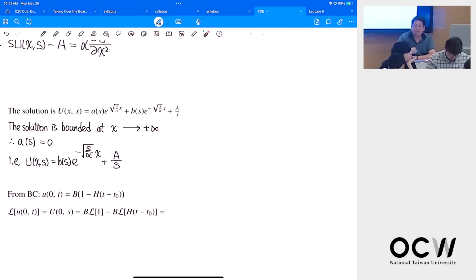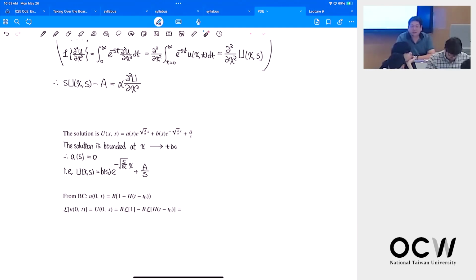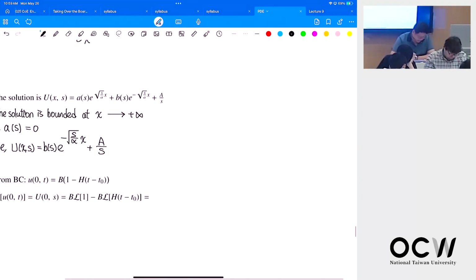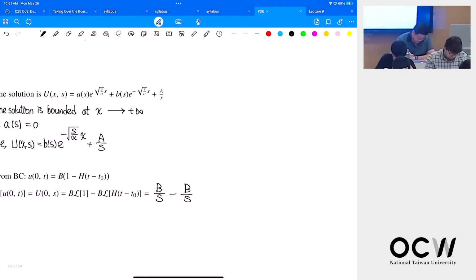Remember that every time you shift in time, what happens in the frequency domain, or the s domain? You will have an exponential there. That means your magnitude is still the same, but the phase is different. So here you have b over s minus b over s, and you shift, so you have a phase difference.